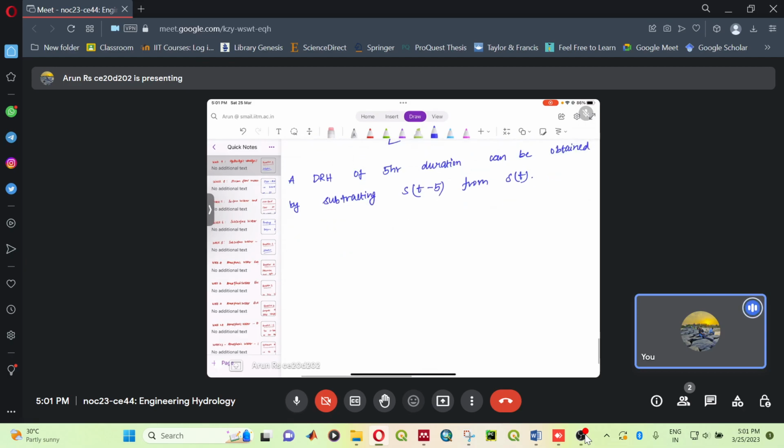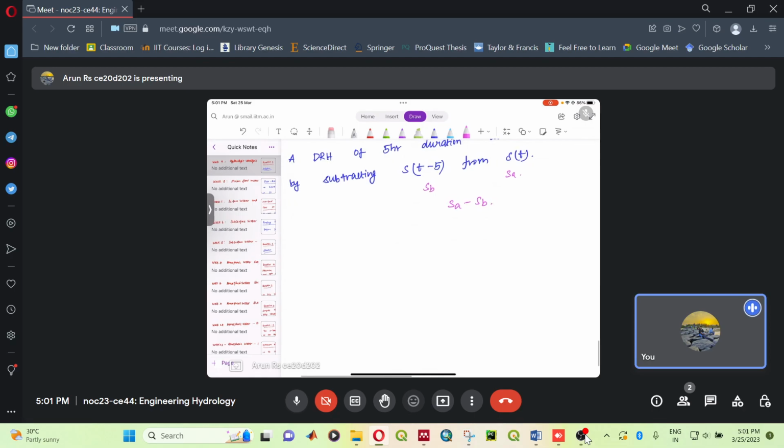So this is the offset we are talking about. This is similar to SA minus SB. So this is SB and this is SA. What we are going to perform is to find out SA minus SB.